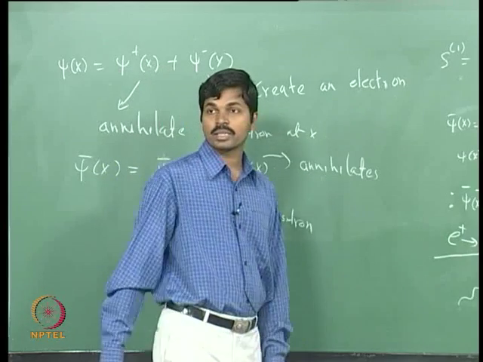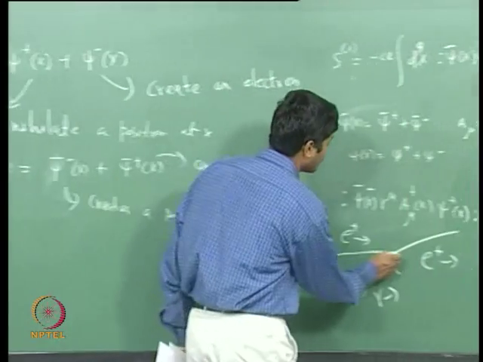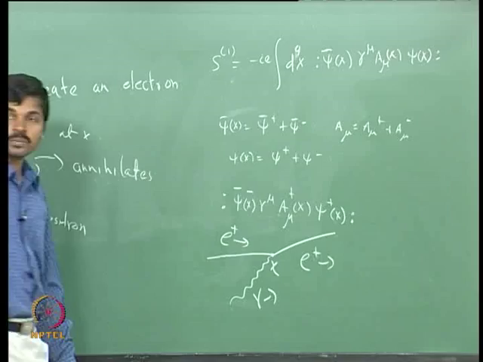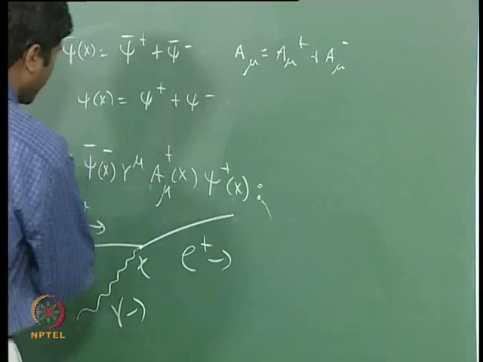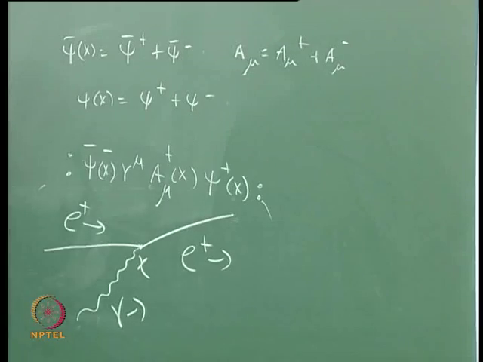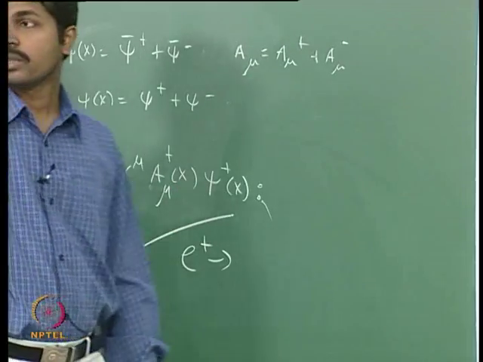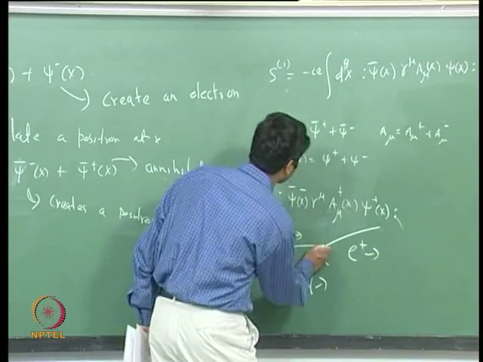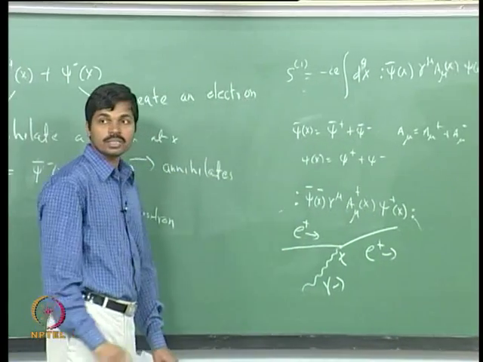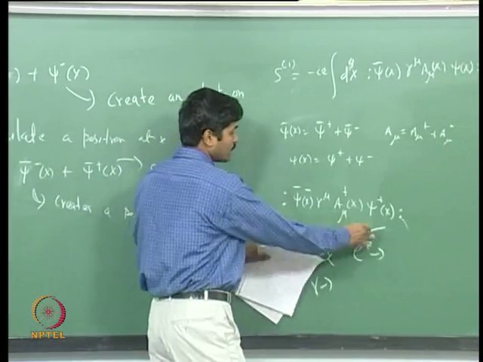So, this is the physical process to which a term like this will give a non-zero contribution. We will see a little later that if we work out the amplitude, then the amplitude actually vanishes, but just looking at the term in the S matrix, you can say that this is the process.